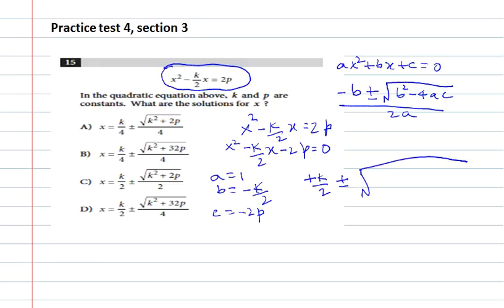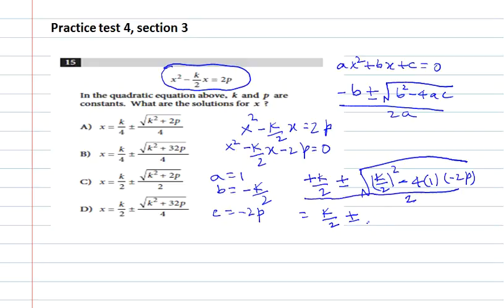That's minus k over 2 square, which is the same thing as k over 2 square, minus 4 times a is 1 and c is minus 2p. So this is equal to k over 2 plus or minus the square root, and this whole thing divided by 2.